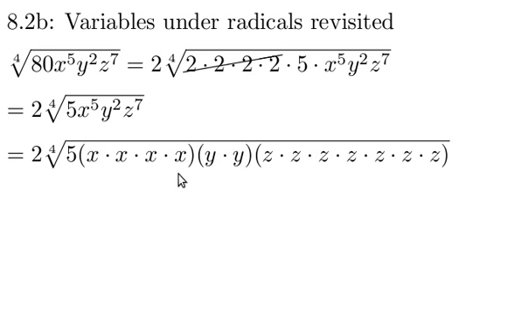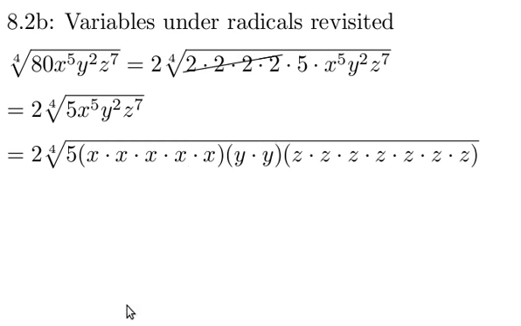Okay, so now I want to cancel these the same way I did these 4. Okay, so these up here. Oh, except I'm missing an x. There are 5 x's, not 4. So let's go ahead and add that back in there. Okay, so 5 x's, 2 y's, and 1, 2, 3, 4, 5, 6, 7 z's.